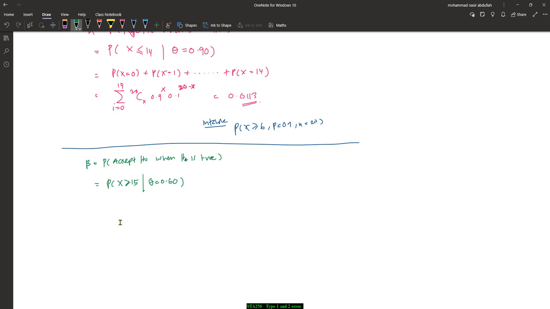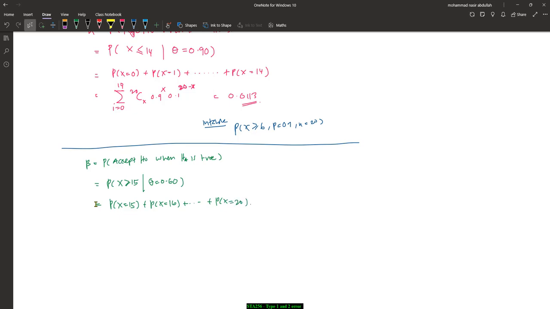So sama juga tadi, in statistical table we cannot find the value of 0.5 and above, right? Kita boleh cari 0.6 and below saja, 0.5 and below, ataupun kita boleh manually calculate, right? So probability of X equal to 15 plus probability of X equal to 16 until probability of X more than or equal to 20.